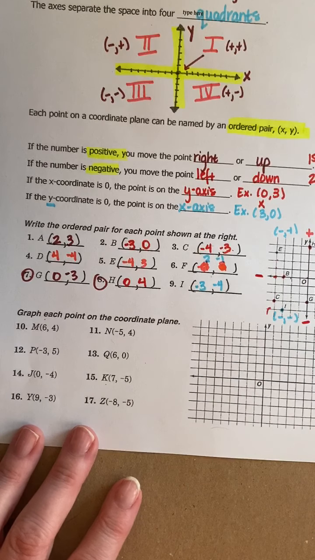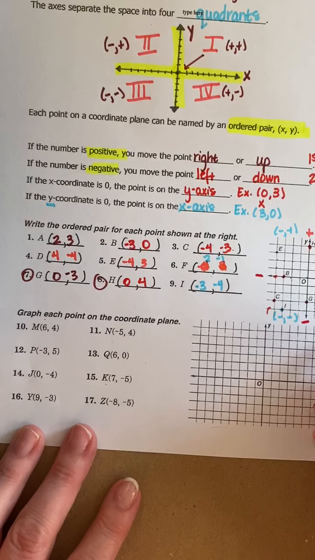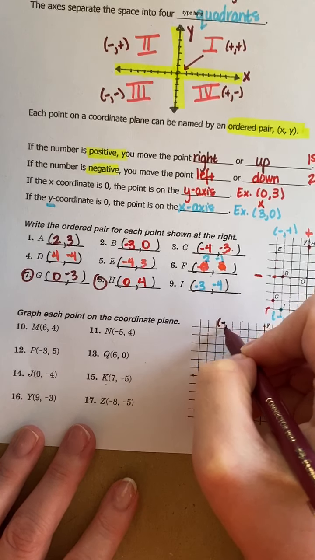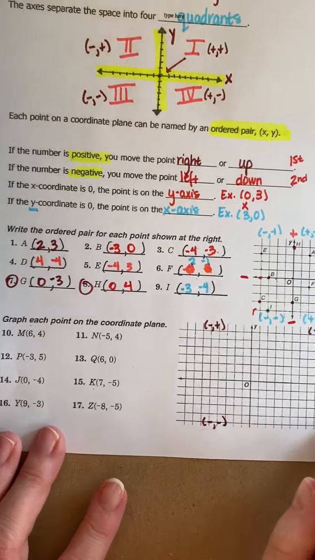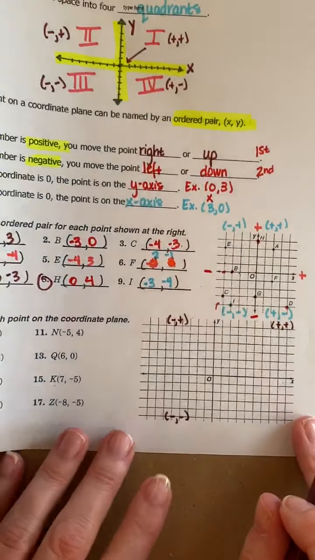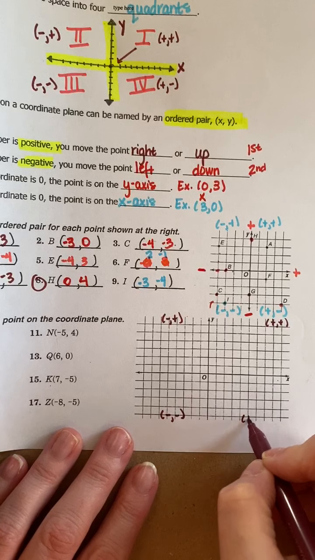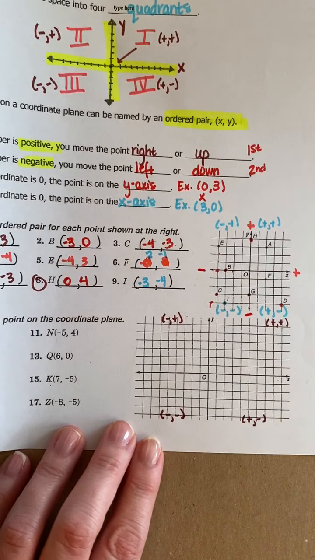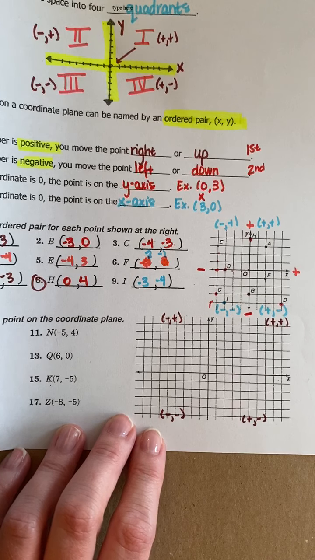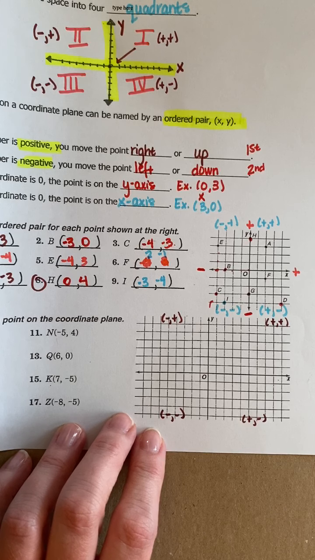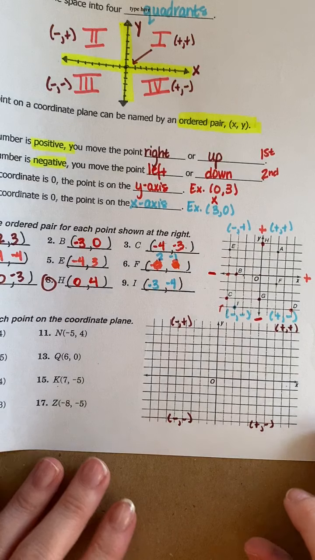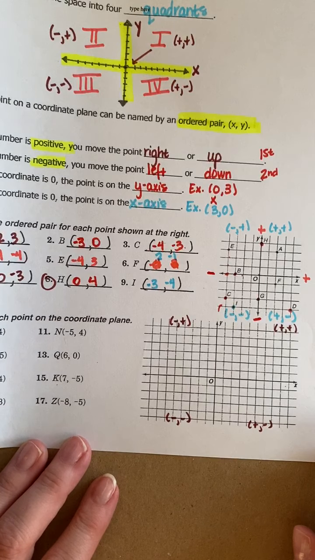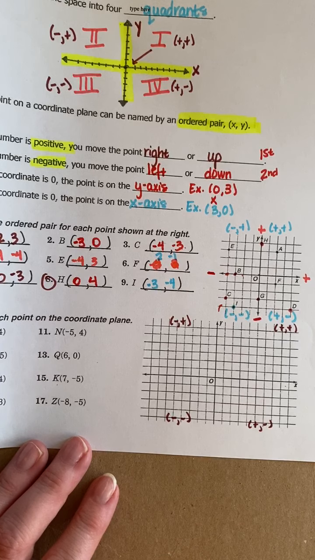Again, if you want to put the little signs, for instance, anything here is positive, positive, negative, positive, negative, negative, and positive, negative. That always helps if you have trouble. And again, I'm definitely going to focus on the ones with the zeros, because those give students a little bit of trouble.